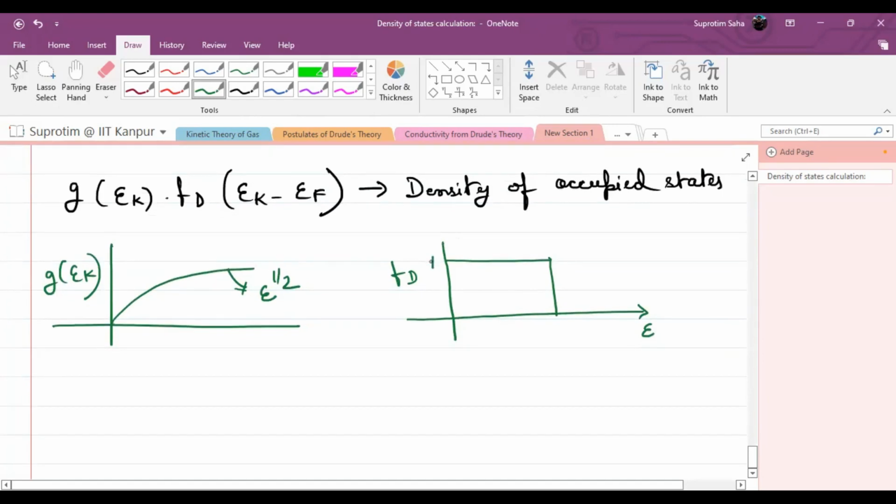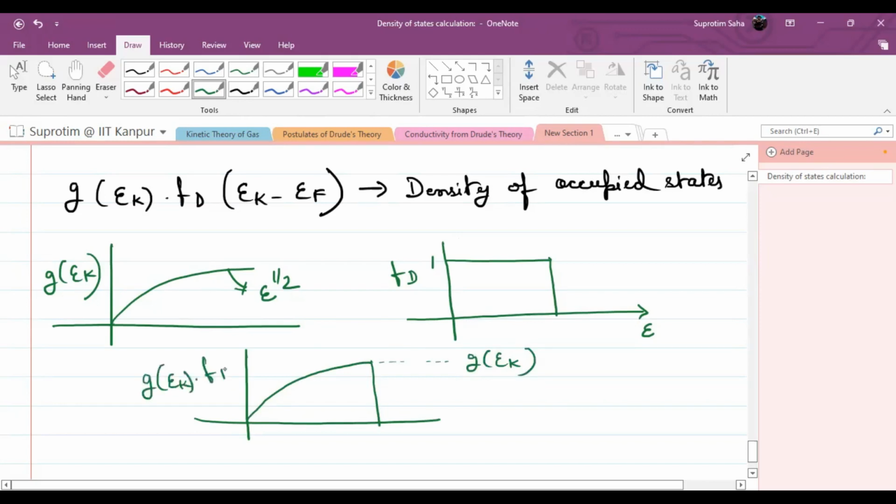So now, if you do a product of these two graphs, what you get is the density of occupied states. This is g(E_k), which you multiply with the Fermi-Dirac distribution, and this is at T equals 0 Kelvin, and this will give you the density of occupied electronic states.